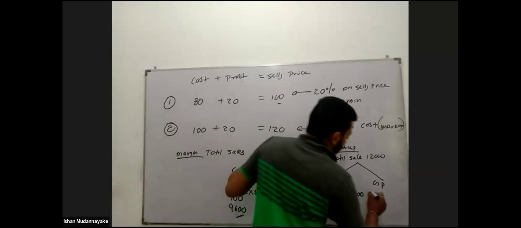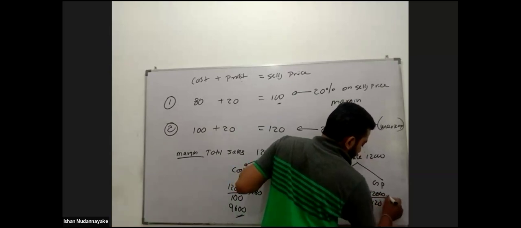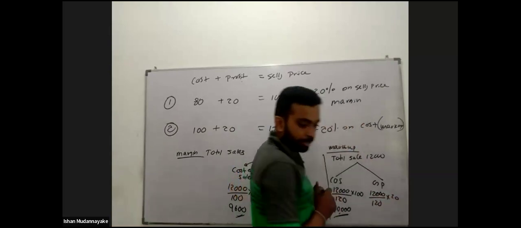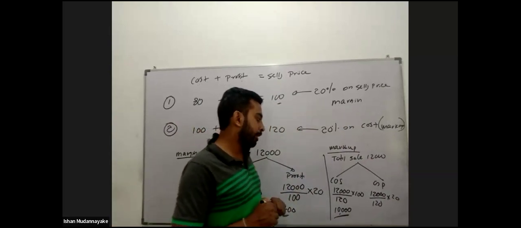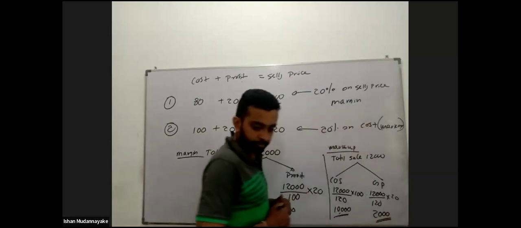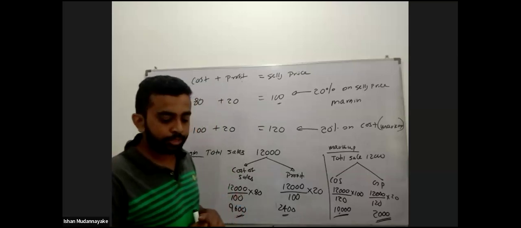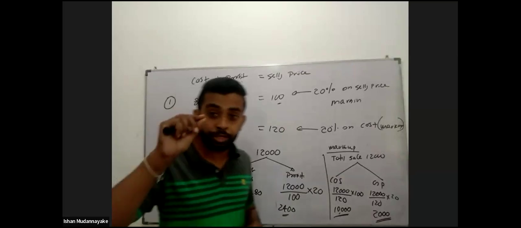Or 12,000 divided by 120 multiplied by 20, you can also calculate gross profit. Gross profit is 2,000.